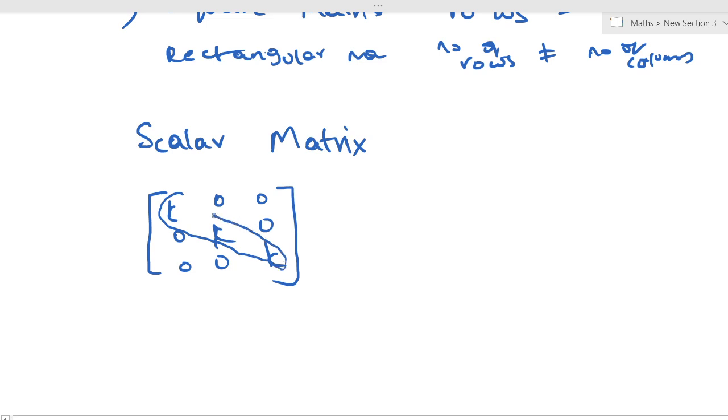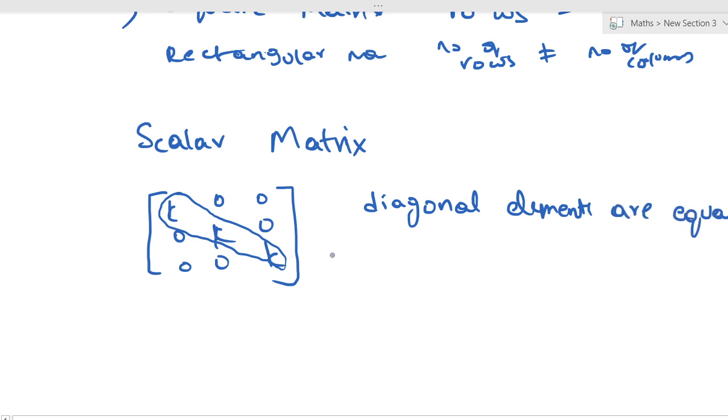So all the diagonal elements are k here and the rest are all 0. Diagonal elements are equal, non-diagonal elements are zeros.